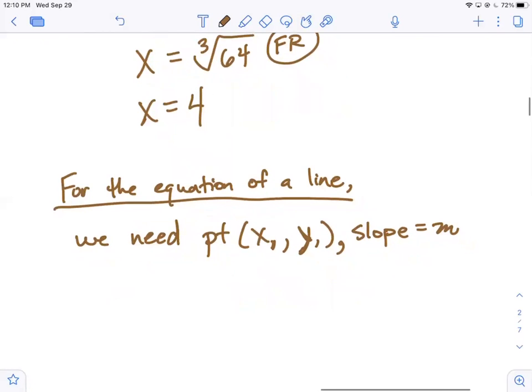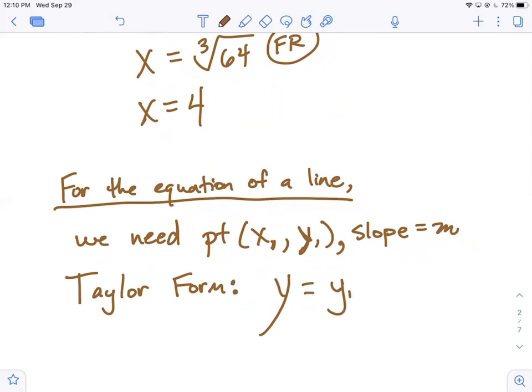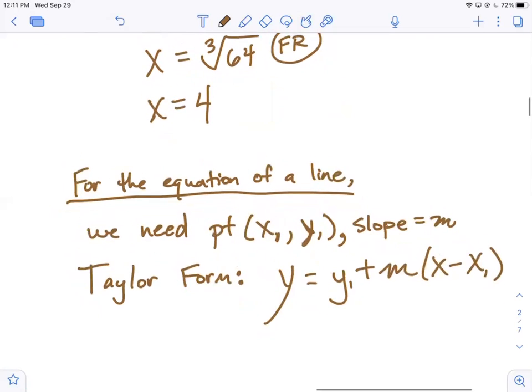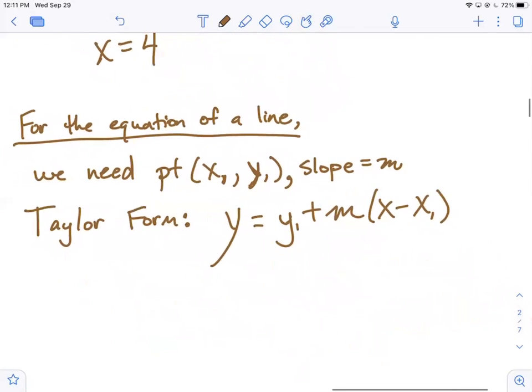Slope. All right, and then once we have those two, then we're going to drop it into Taylor form. Taylor form is just something you got to flat out memorize, right? It's y equals the y value, y sub 1, plus the slope times x minus the x value. And I showed you where it came from. It didn't come from France. It came from the equation for slope.